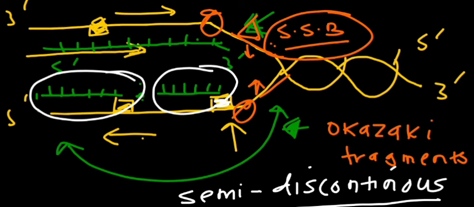And as the replication is ongoing, there's going to be torsion force. Torsion force is a force which is created when you twist something, because when you twist something and let it go, it will start rotating about its axis.